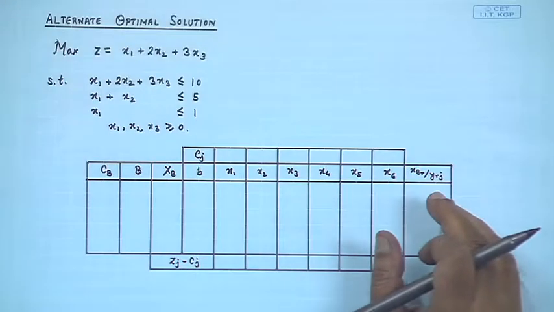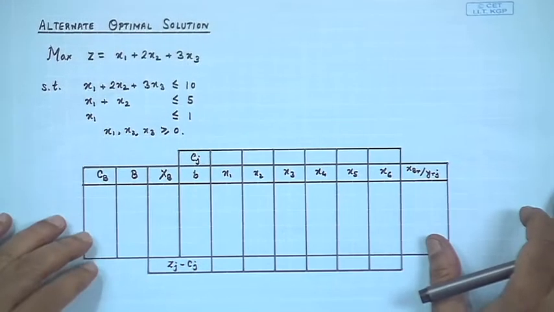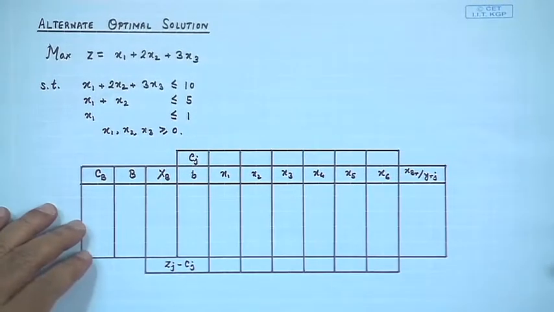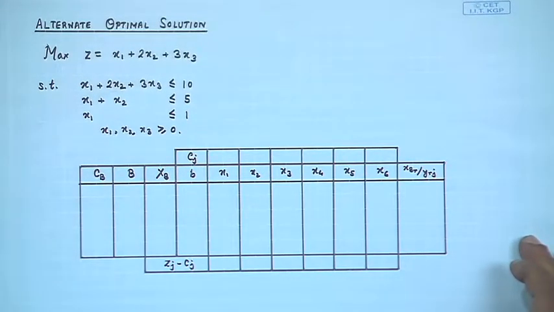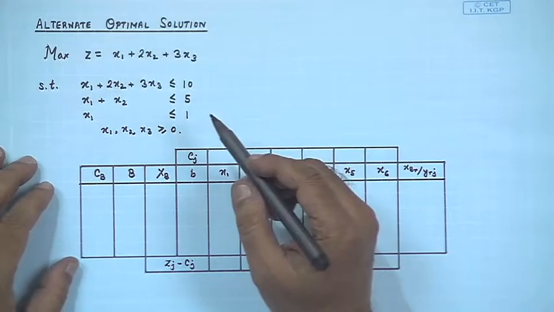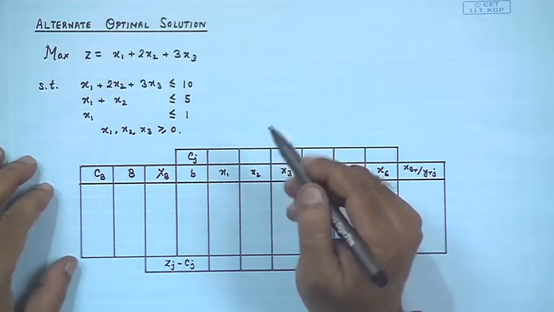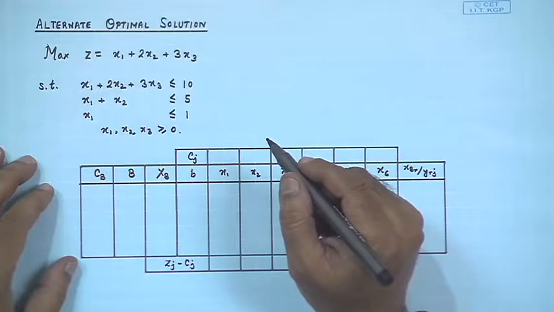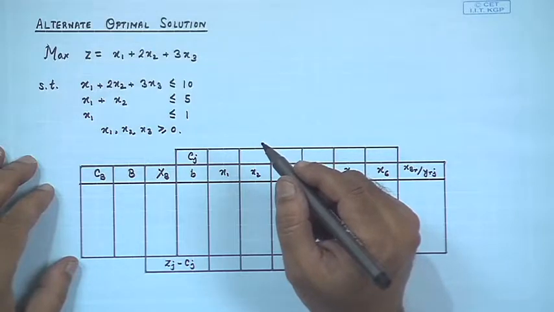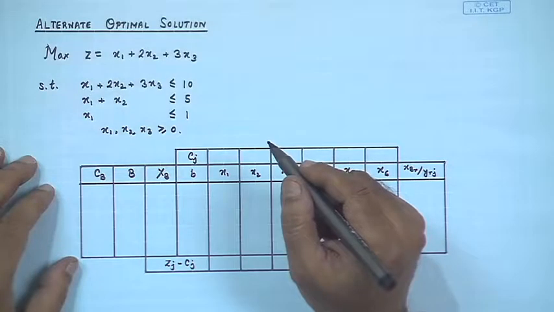Let us take one example for an alternate optimal solution, or infinite number of solutions. Let us consider one problem. Maximize Z equals x1 plus 2x2 plus 3x3 subject to x1 plus 2x2 plus 3x3 less than or equal to 10, x1 plus x2 less than or equal to 5, and x1 less than or equal to 1.